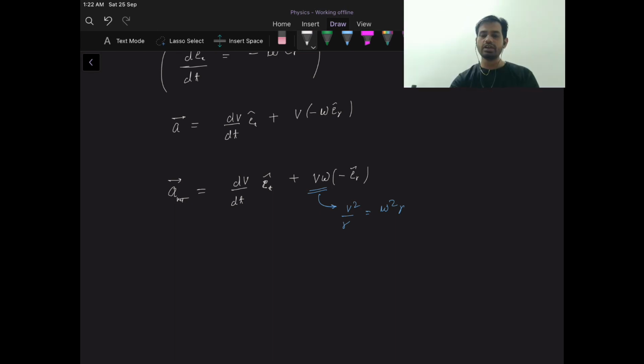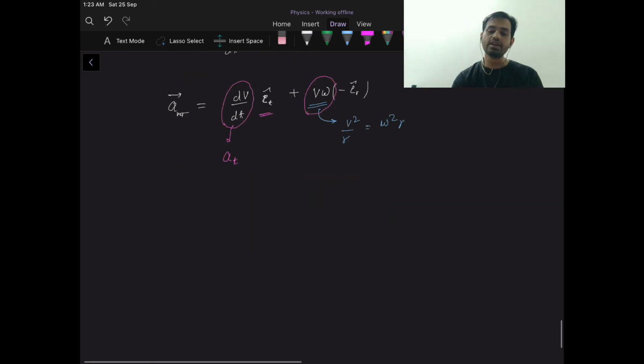As you can clearly see, this is et cap. So, what will be the magnitude of acceleration in tangential direction? This is nothing, it is just tangential acceleration, right. And what will be the value of acceleration in radial direction? We can say that v omega will be the radial acceleration.